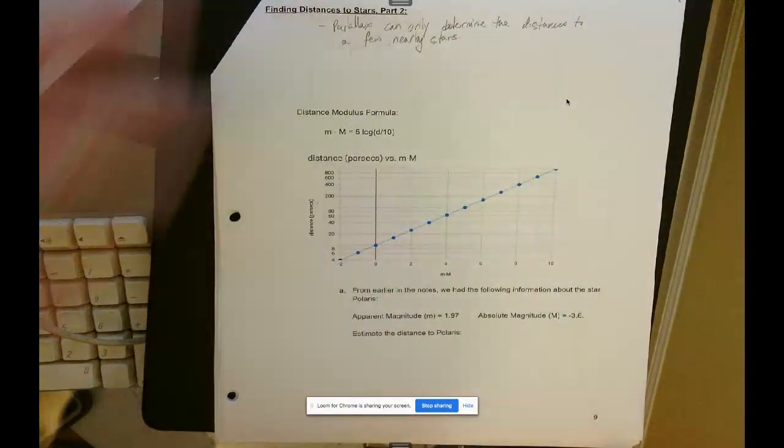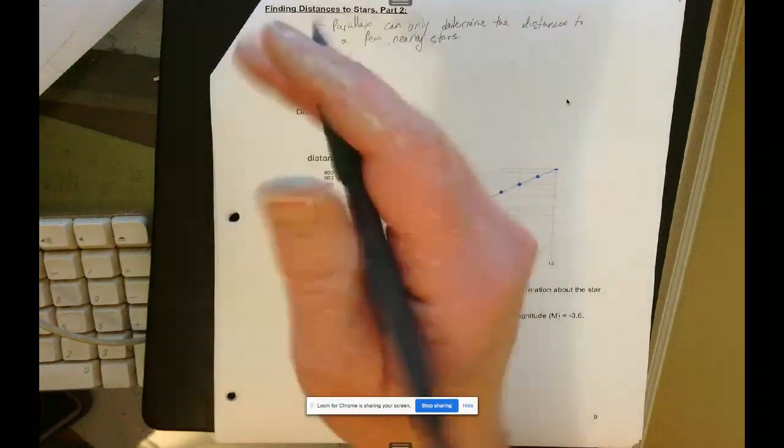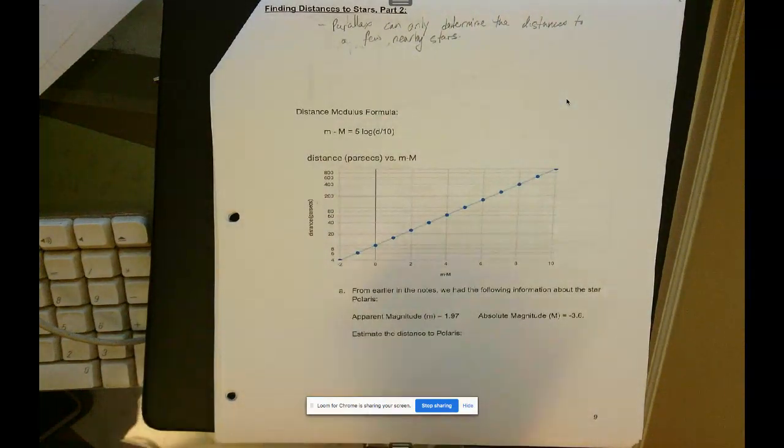Okay, now a few might be 300 or so, but there are a million stars out there. So compared to all the stars, it doesn't work for very many of them.